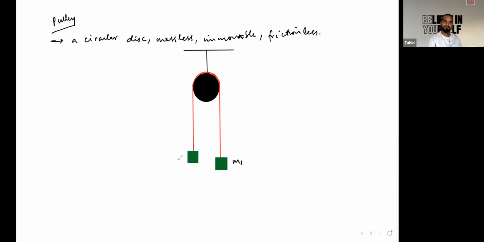Let's say they are M1 and M2, in which I have just assumed M1 is greater than M2.